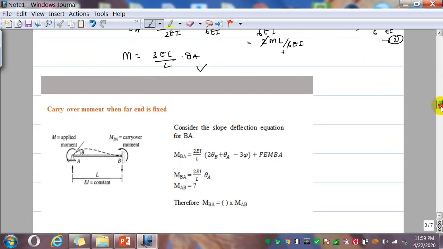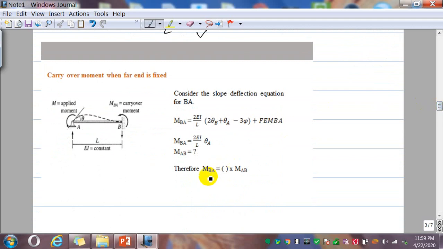And the carryover moment, so that is, when you have M applied here, there should be a resisting moment MBA, which is normally half of the M applied here.